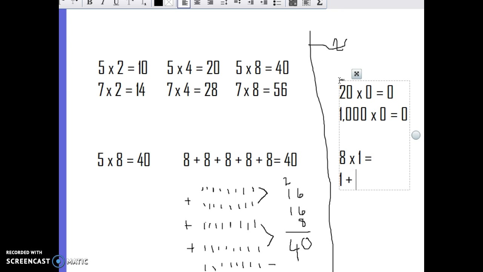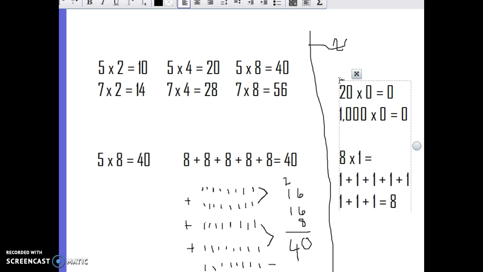Because it's repeated addition, right? 1, 2, 3, 4, 5, 6, 7, 8. Okay, so now I have 8 ones. That equals 8.